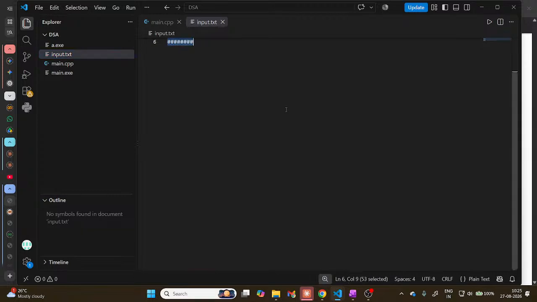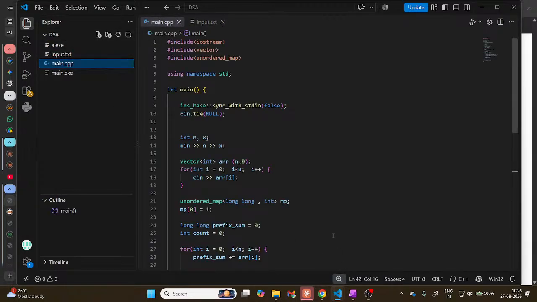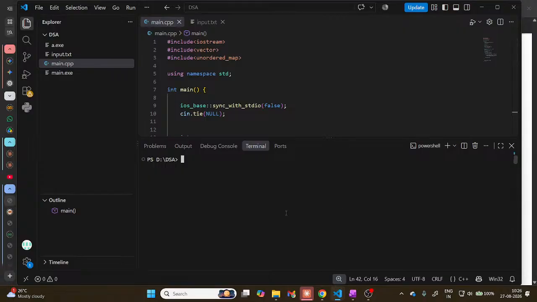If I give it to this file and inside it I go for g++ main.cpp, and I have this input.txt.